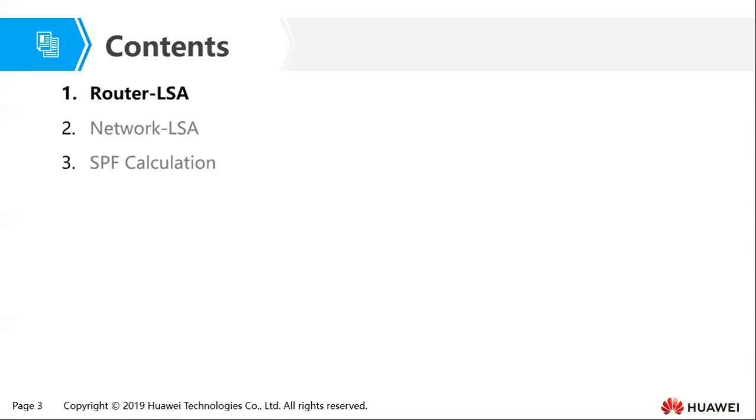So let's begin with what we call the Router-LSA. When we talked of the LSA header, we talked of something like the LSA type field. So we have several types of LSAs. Type 1 is called the Router-LSA.